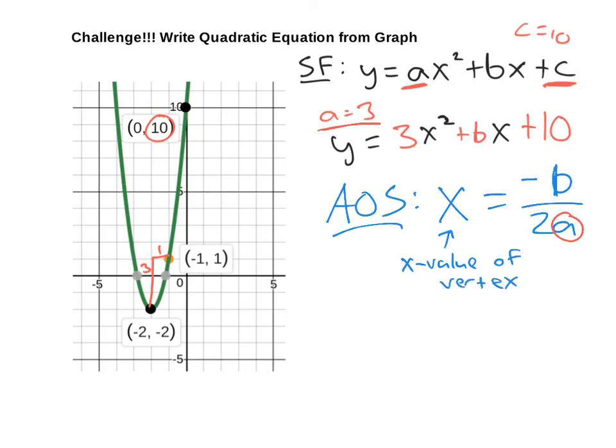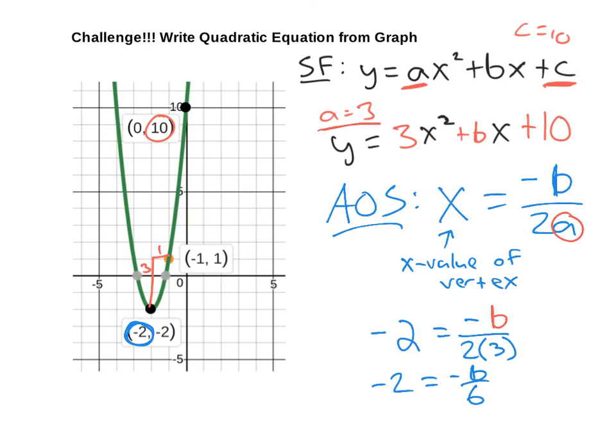So what is our x value of the vertex? Negative 2. So we could set up a simple equation and solve for B here. Negative 2, the x value of the vertex, equals negative b, which we don't know what B is, all over 2 times A. A was 3 from the graph. So what's 2 times 3? 6. So negative 2 equals negative b over 6.